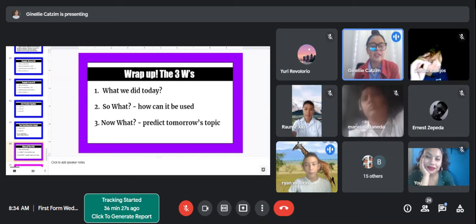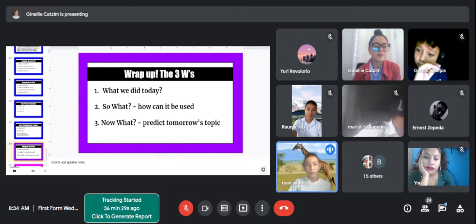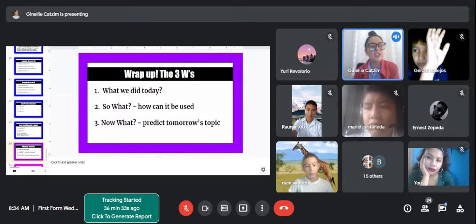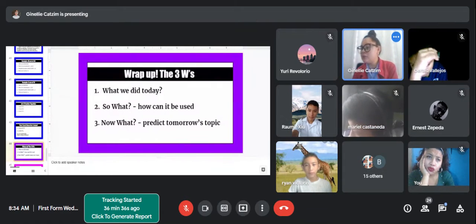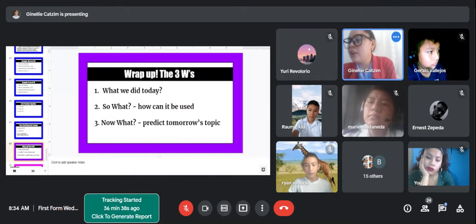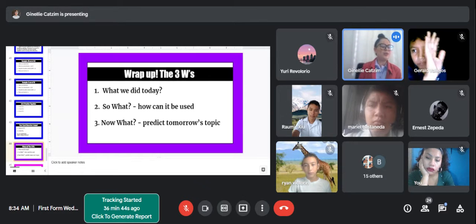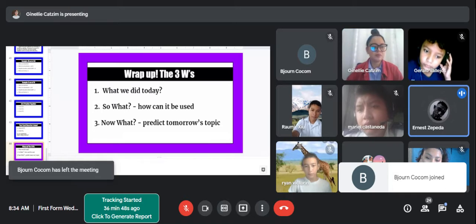Okay, who else? How to convert a whole number into a fraction? Very good, that was the main concept. How to convert an amount as a fraction of another amount. What else? Anything else that you understood or learned today? Join amounts to fractions, miss.